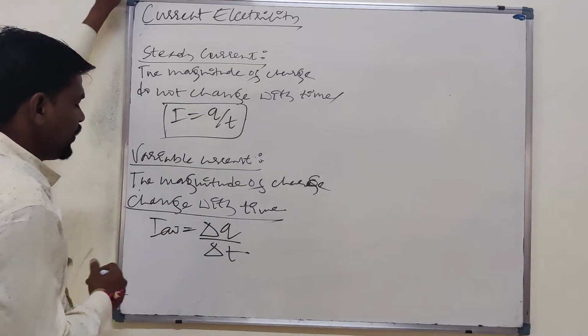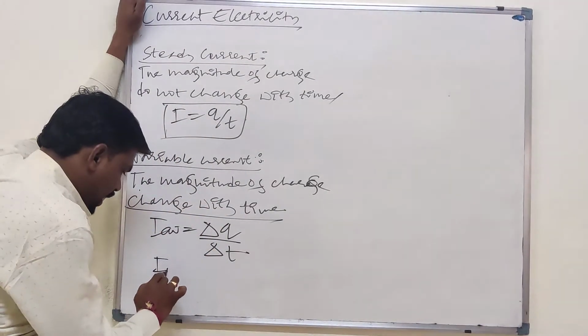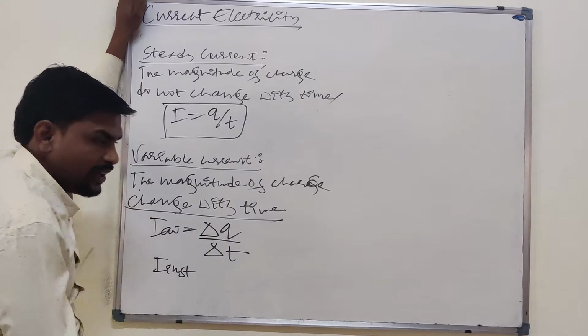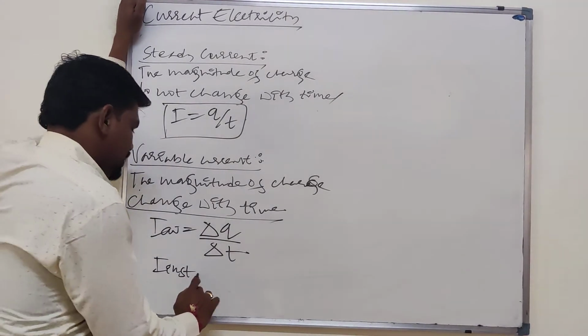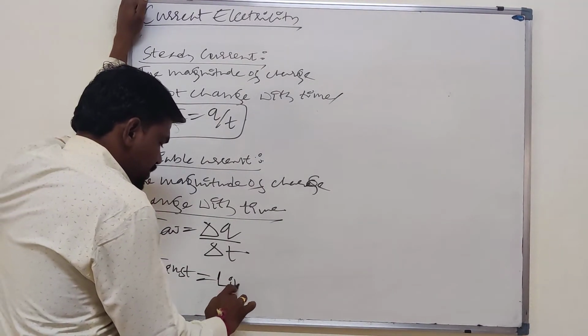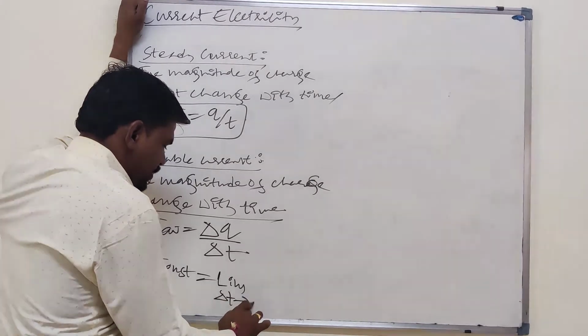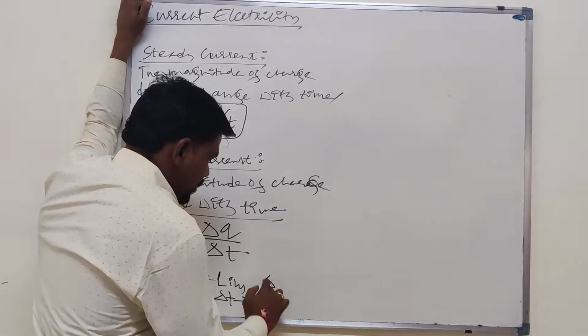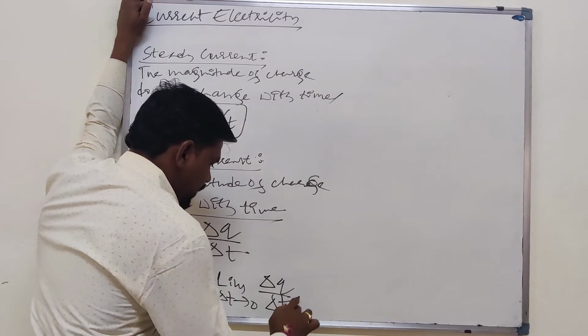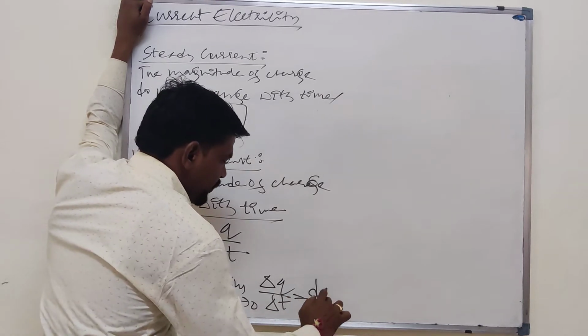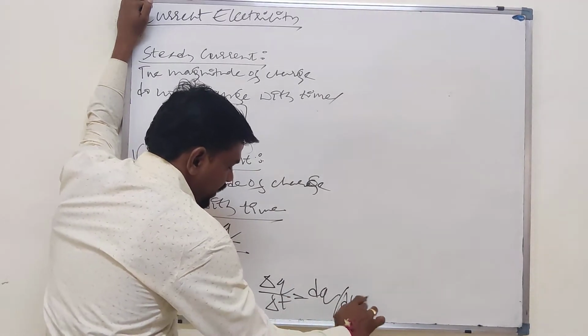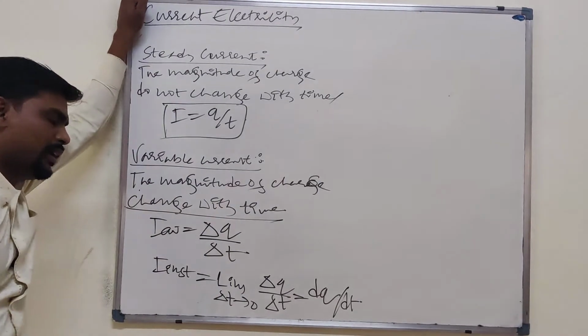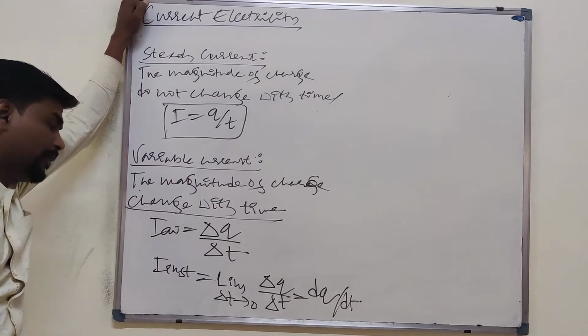If we write instantaneous current, that is the limit del t tends to 0 of del q divided by del t. So this becomes dq divided by dt.